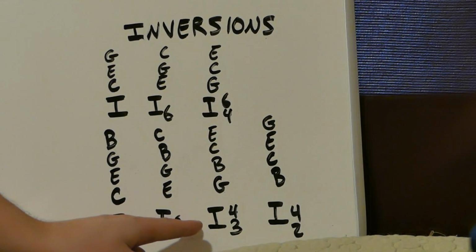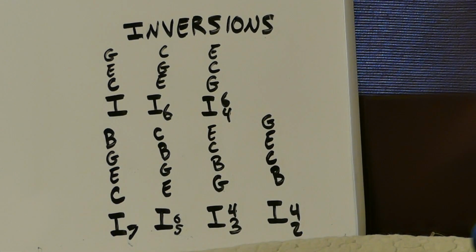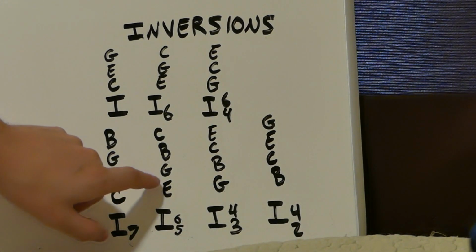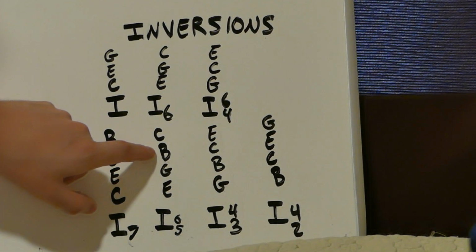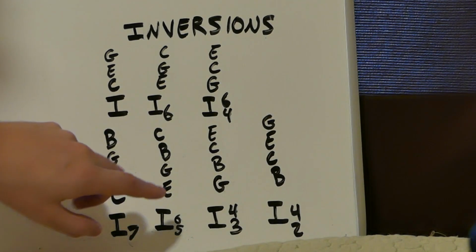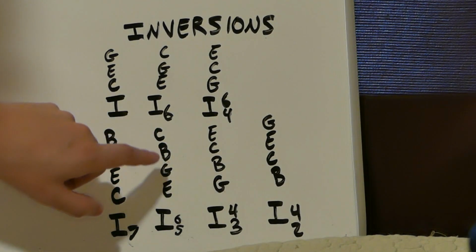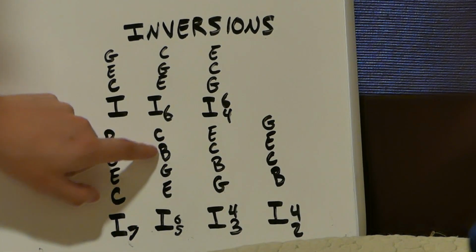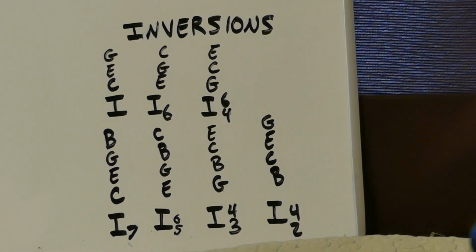The 6, 5 is denoting the intervals above the bass, because E to B is a fifth, and E to C is a sixth away. So 6, 5. This is a sixth away from our bass. This is a fifth away from our bass. That's where we get this.